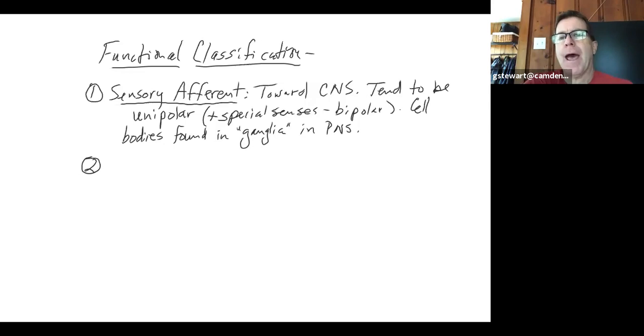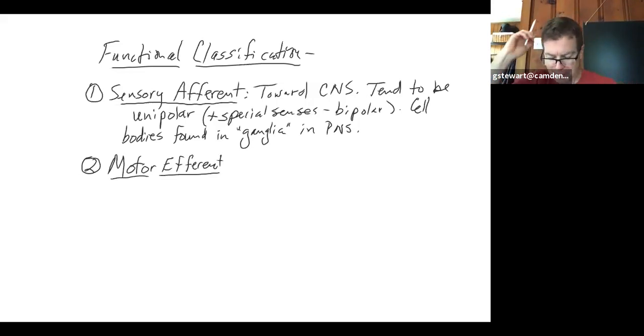So let's go to number 2. We know this one as motor efferent. If you hear me say efferent, that's just because that's the way, when I was a student, I was taught to say it. But I believe the correct pronunciation is efferent. These carry impulses away from the CNS.